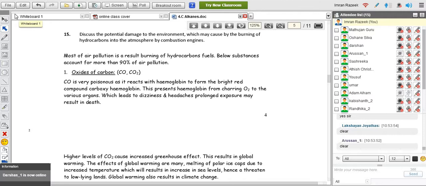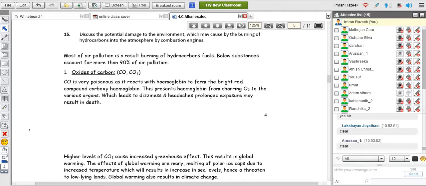Right, let's see the environmental problems created by the burning of hydrocarbon fuels. In fact, about 90% of air pollution is due to the burning of hydrocarbons. One of the main pollutants being the oxides of carbon: carbon dioxide and carbon monoxide.